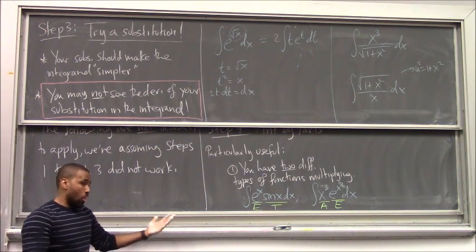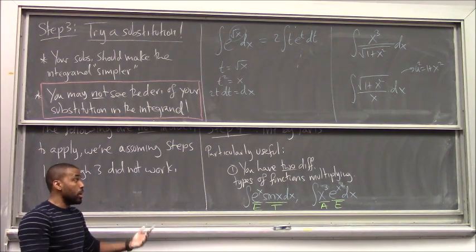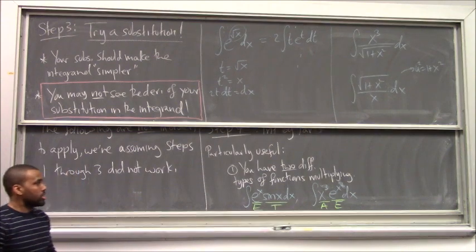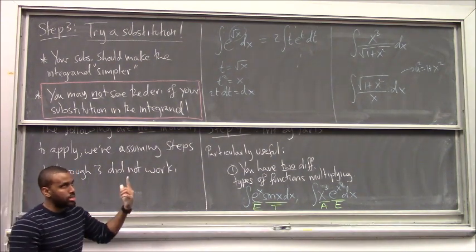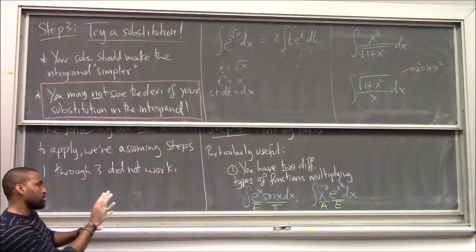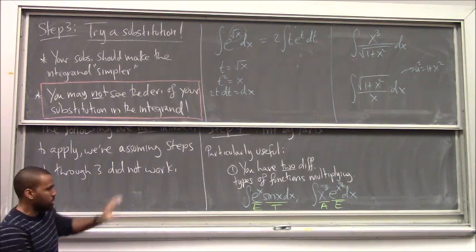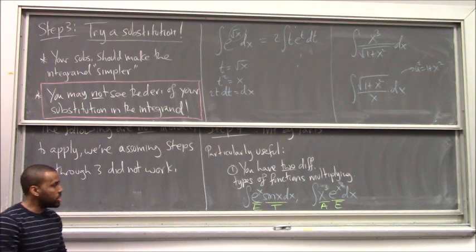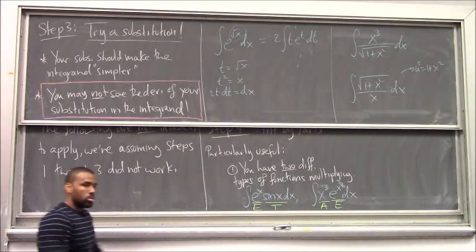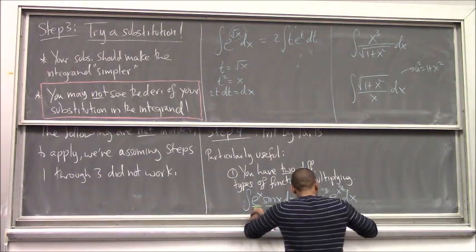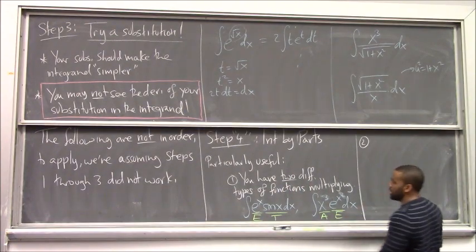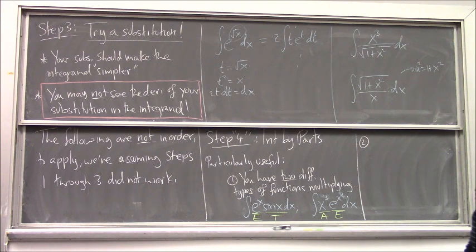It's not going to 100% of the time work out, but if you see this, integration by parts might be something you would think about. So, of course, you're going to have in your mind LIATE, and you're going to try to see, okay, if I make that the U and that the dV, this is what I'm going to get. Is that easier? And hopefully you get an easier integral. Sometimes you don't. So that's when integration by parts is useful. There's a second situation that's very common that you'll encounter where integration by parts would be useful.